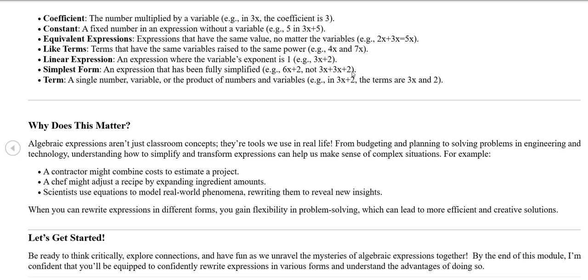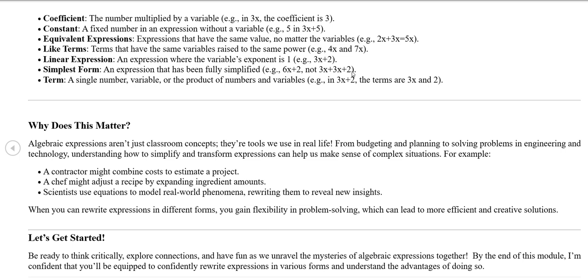And then finally, a term. A term is a single number, a variable, or a product, meaning that we're multiplying numbers and variables. For example, we have 3x plus 2, and remember, terms are separated by addition or subtraction. So 3x is one term, and 2 is also a term. So we have two terms within this expression.